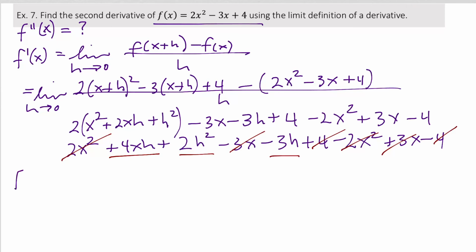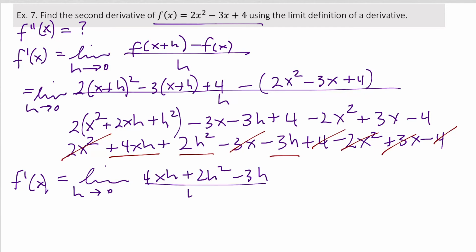So putting it back together, I've got f prime of x is equal to the limit as h approaches 0 of 4xh plus 2h squared minus 3h all over h, where we can now cancel the h.